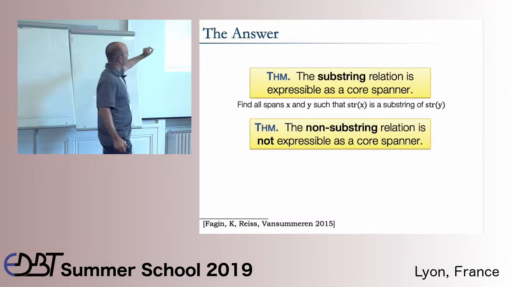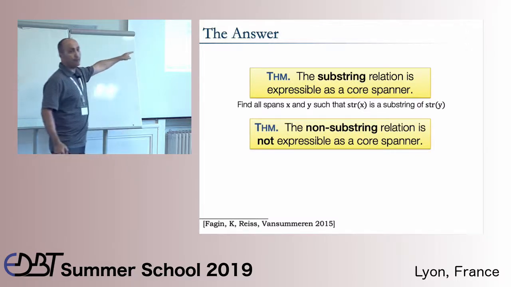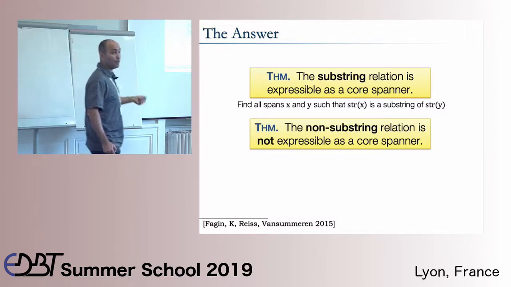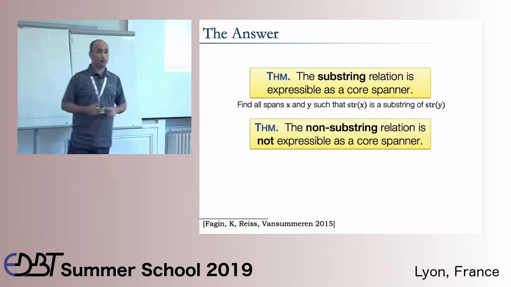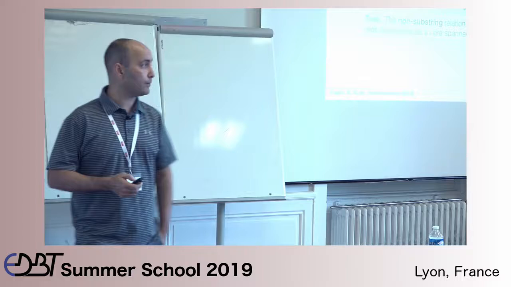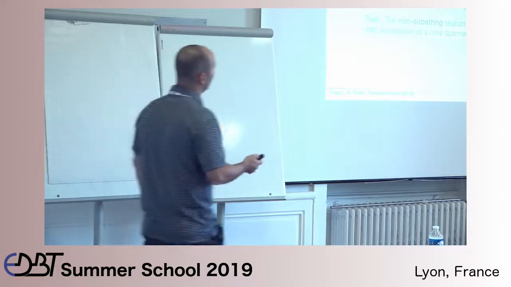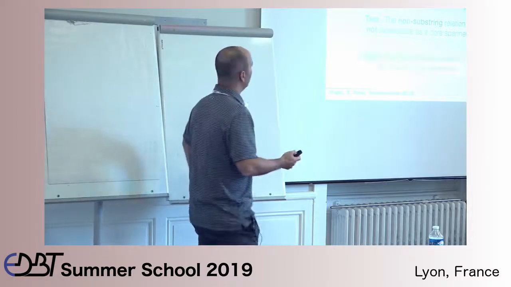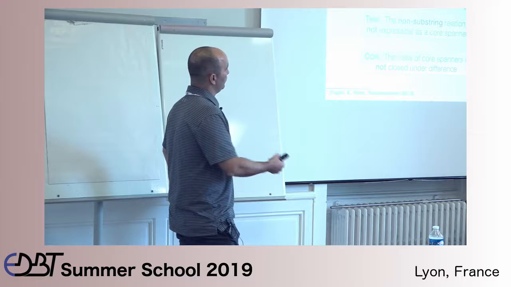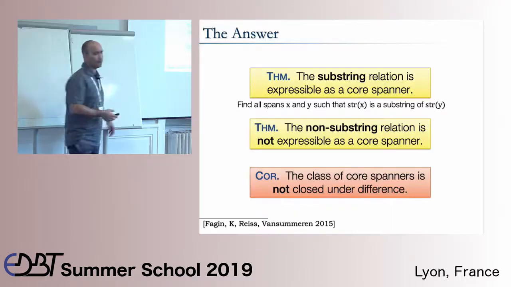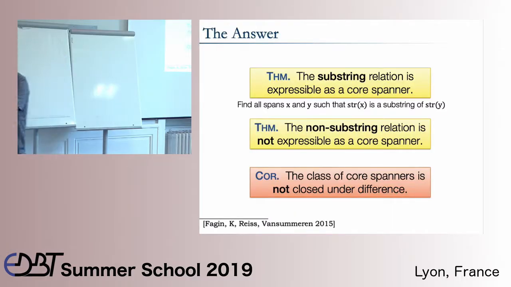But the non-substring relation, the complement of that, is not expressible in the language of core spanners. And I'll say a few things about the proofs, but we conclude from that, in particular, that the class of core spanners is not closed under difference.